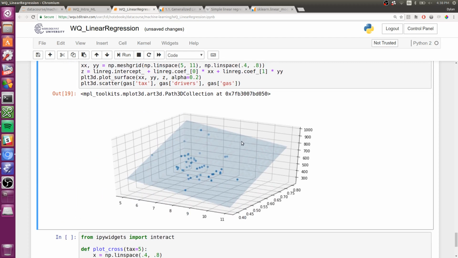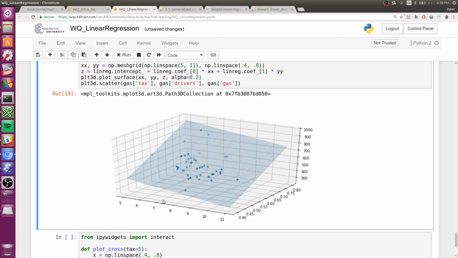So there's the plane. We can see that if we look at the edges, as the tax increases, the amount of gas consumed slightly decreases, and as the number of drivers in a region increases, the gas consumption steeply increases.